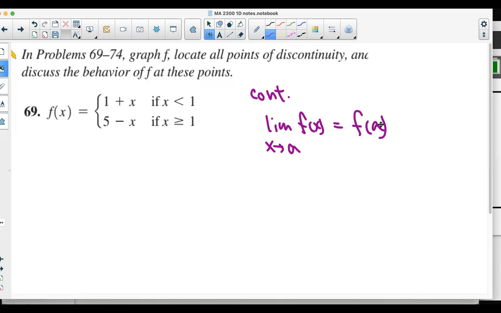In this case, a is equal to 1, so I'll be looking at the limit as x approaches 1 from the left. That means x is less than 1, so we look at the first expression, 1 plus x. That has to be equal to the limit as x approaches 1 from the right, meaning 5 minus x.